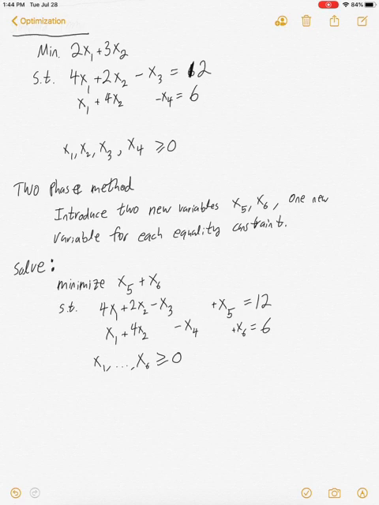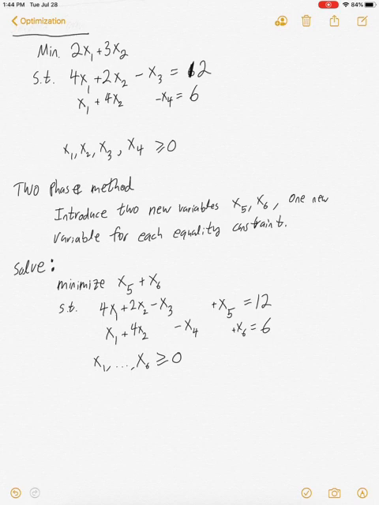So what's the idea here? The idea is that if we have any feasible solution at all to the original linear program, then we better be able to find a solution to this program with x5 and x6 being 0. Because if we set x5 and x6 to 0, then x1 through x3 exactly satisfy the original equality constraints.